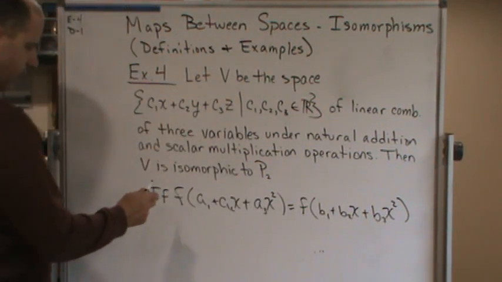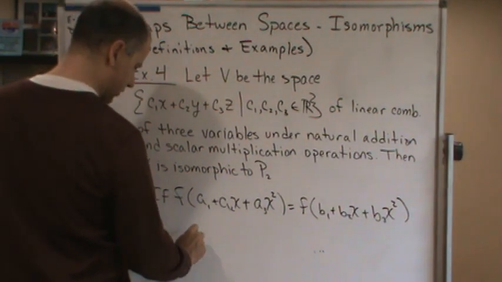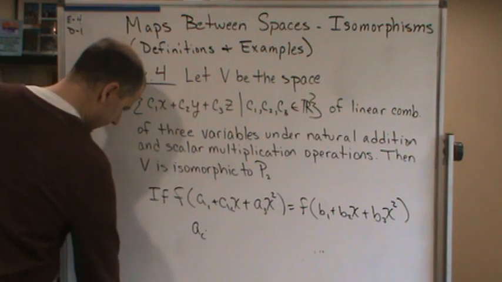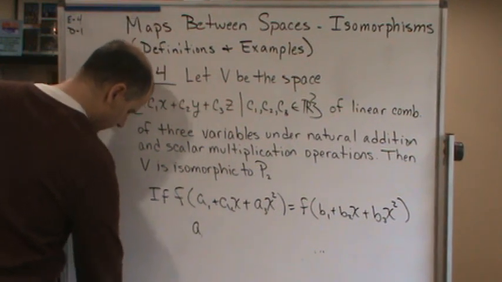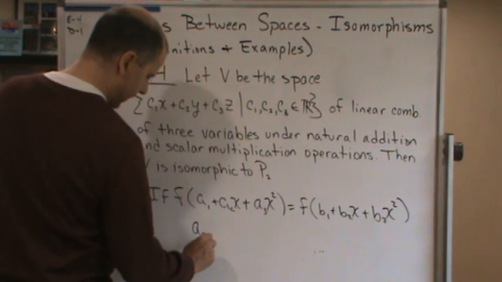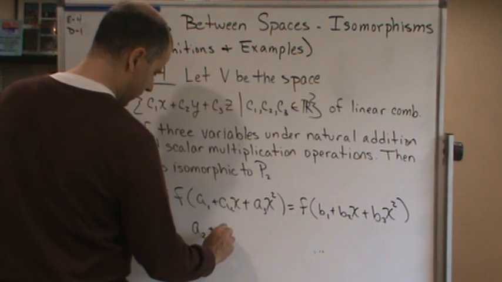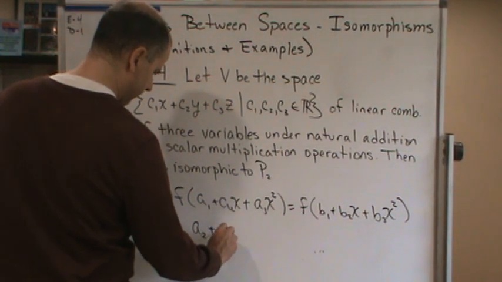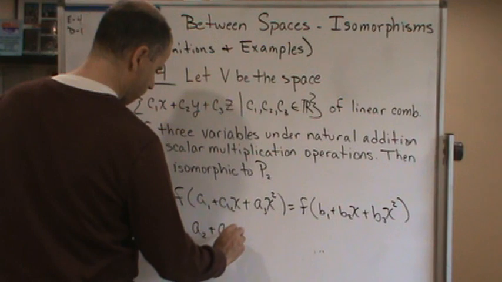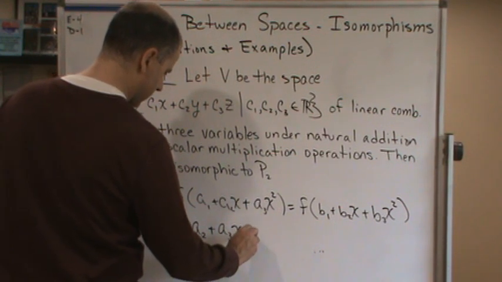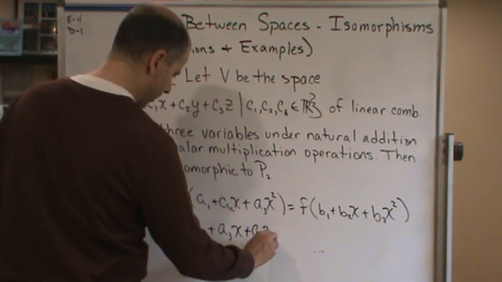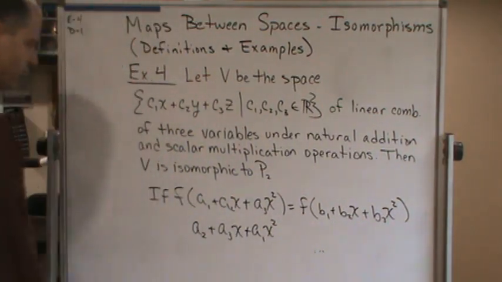So let's see where it takes us, right? So obviously this is going to give us what? This is going to give us A sub 2 plus A sub 3 x plus A sub 1 x squared, right?